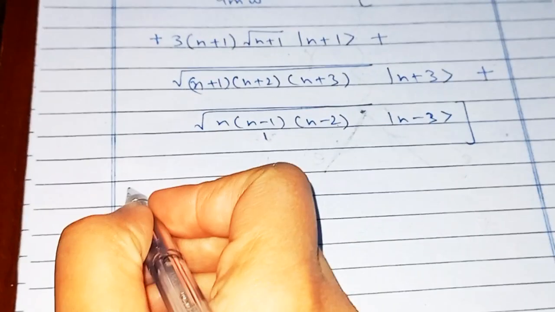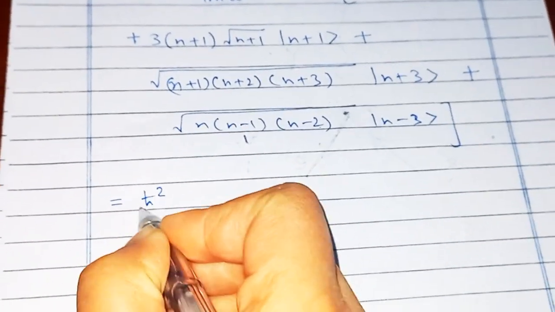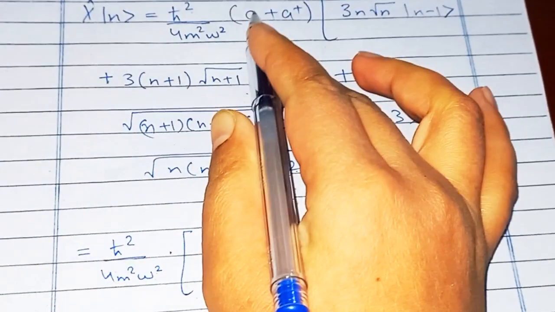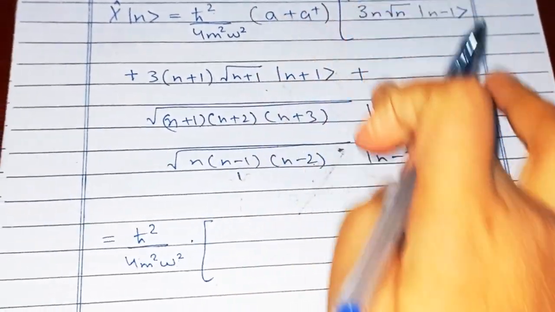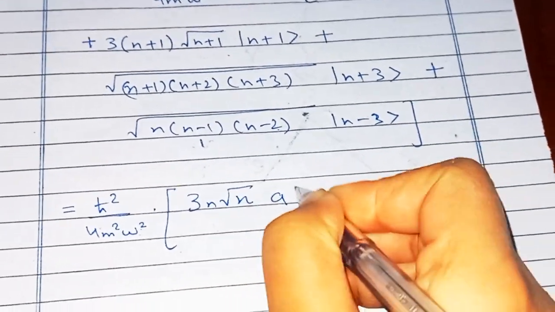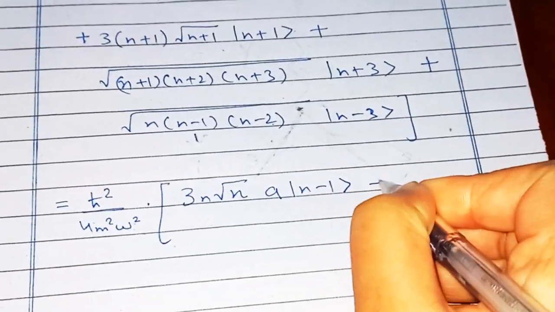So let's do that. H square by 4m square omega square. So a, I'm gonna write a with all these quantities first, and then a plus. So 3n under root n, I'm writing a here with n minus 1.